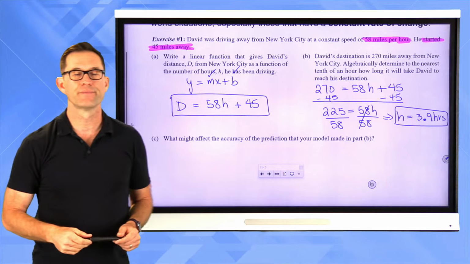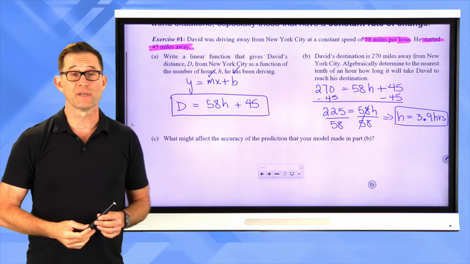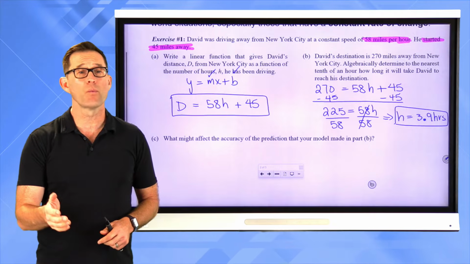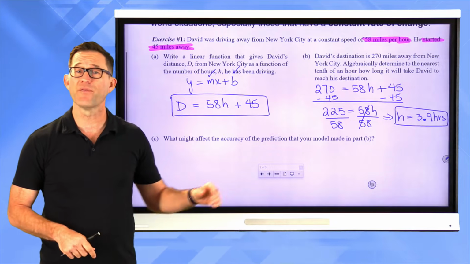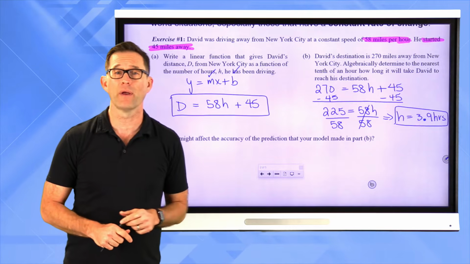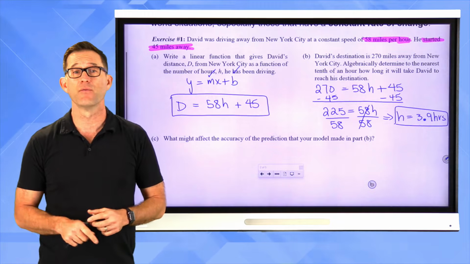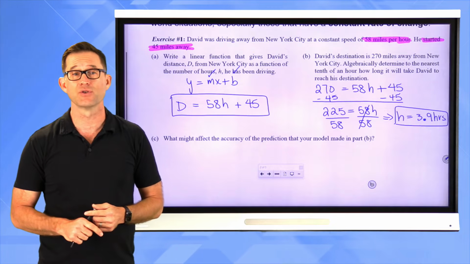All right. Now let's take a look at letter C. What might affect the accuracy of the prediction that your model made in part B? Well, see if you can write down one or two things that would affect how accurate that 3.9 hours is in terms of the estimate of when David will reach his destination.